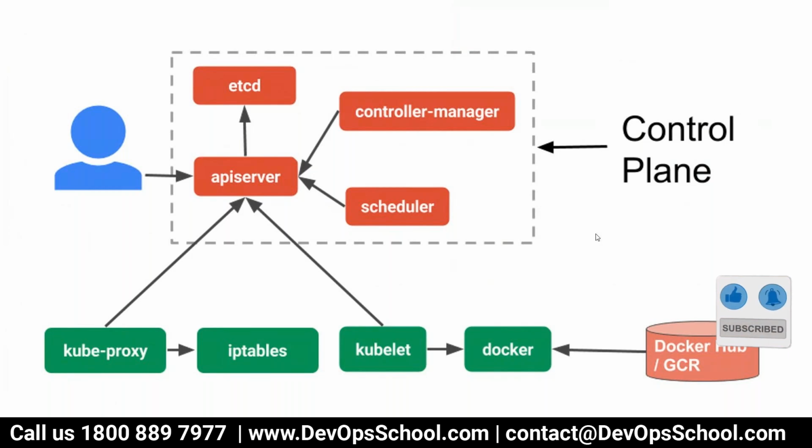Kubelet, don't get confused between kubelet and kubectl, okay? So kubectl, and after that, it's stored in etcd. The controller manager keeps reporting everything about the infrastructure and updates the API server. The scheduler, based on the request from the API server, schedules the work to the worker.